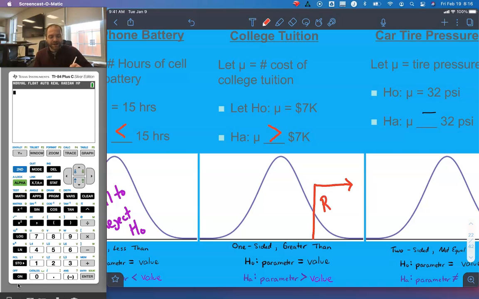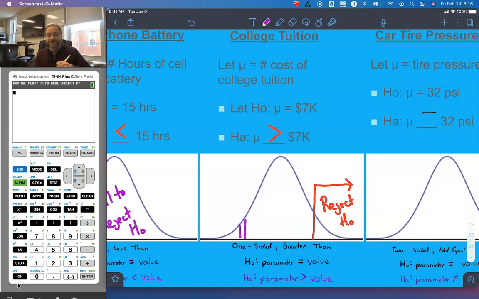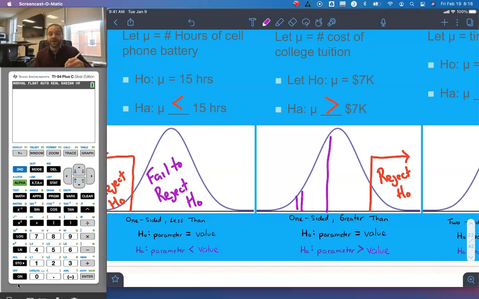And this is our reject the null. But if you are paying less than what they said, if you're paying $2,000 after scholarships, if you're in this area where they said you're going to be, you wouldn't be upset. And so this would be the fail to reject the null hypothesis area.